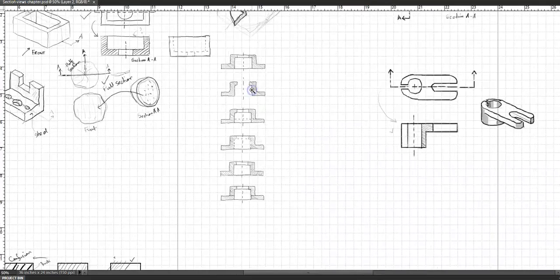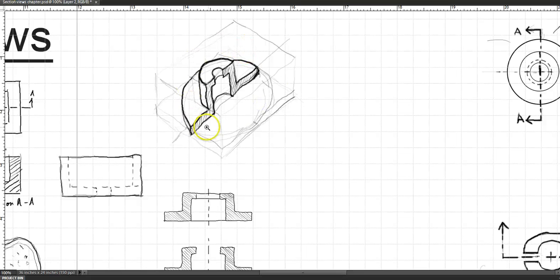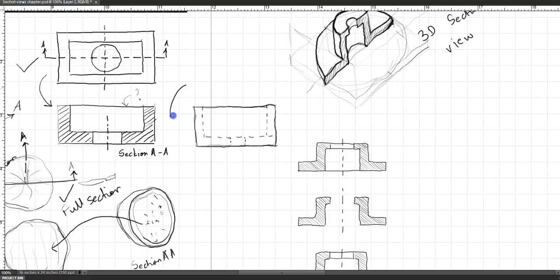So for example, we have this object over here, we've cut it in half. So this is called a 3D sectional view. Okay, and this one is called a 2D sectional view.